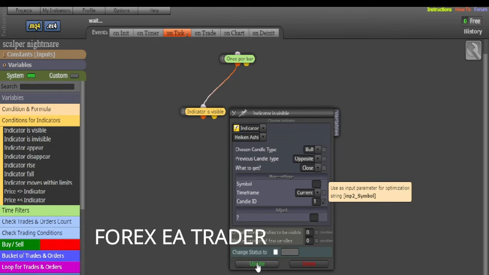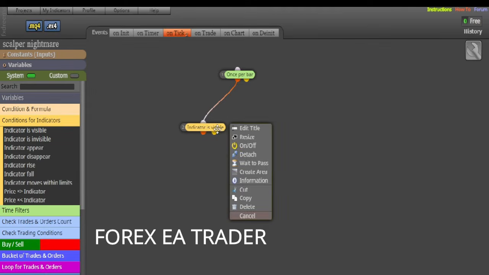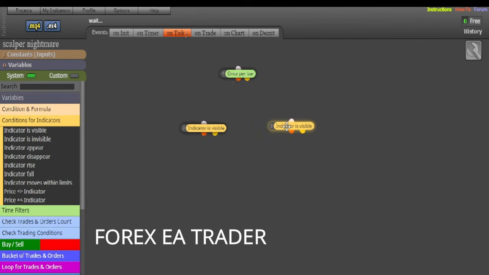Then we update. For our sell condition, we're basically going to do the same but opposite. So we're just going to right click, copy, and paste that thing like so. And we are going to connect our blocks like that.